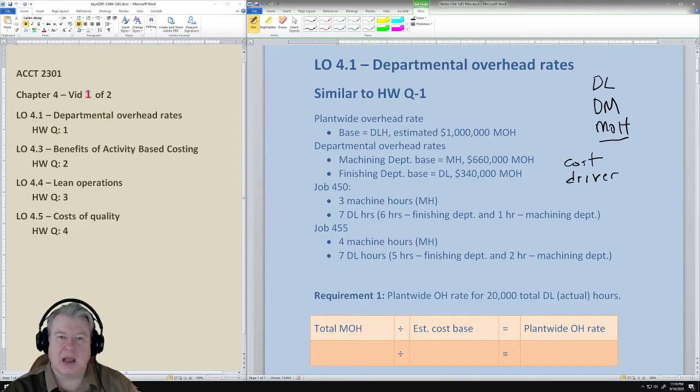If I ran it 100 hours versus 200 hours, I'd probably have a good guess of what my actual electricity bill would be. And that's the whole point of manufacturing overhead. You don't know what that electricity bill is, so you use something else that you can measure to give yourself an estimate. Later on we'll circle back and true it up. We'll say, okay, my bill was a little over, a little under.